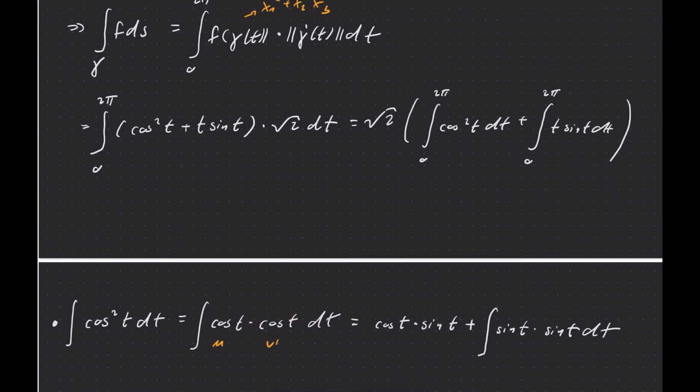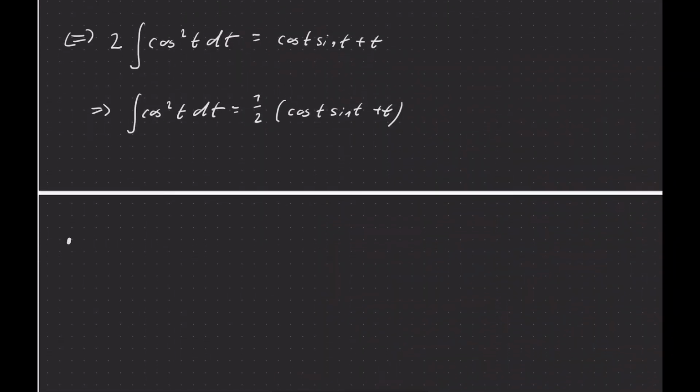Remember, we have one more integral. We have this integral of t sine t. But that is going to turn out to be far easier, fortunately. So the second part we need to compute is the integral over t sine t. And as you probably guessed, that's also integration by parts.